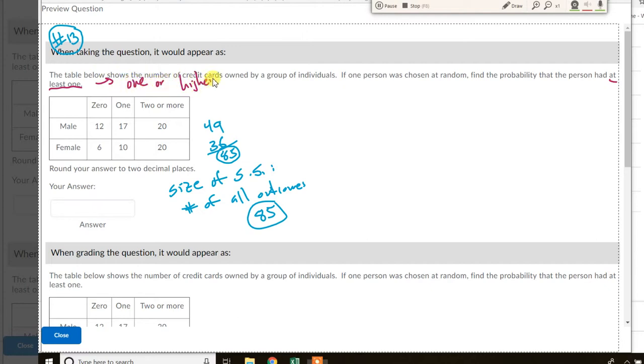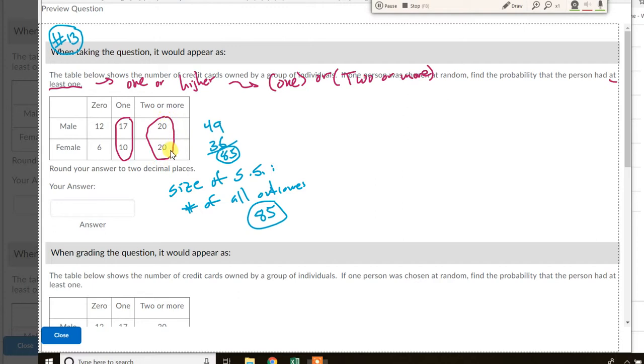In the way the data is divided up in this problem, that means either one credit card or the two or more. That's how they broke down the number of credit cards in this problem. So these guys are in the event because they have one card. These guys are in the event because they have two or more cards.